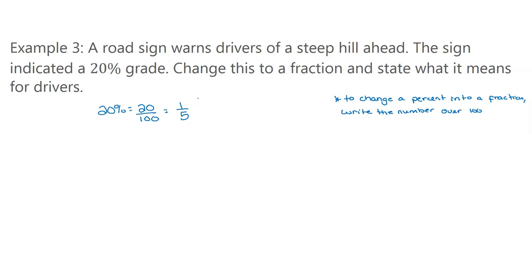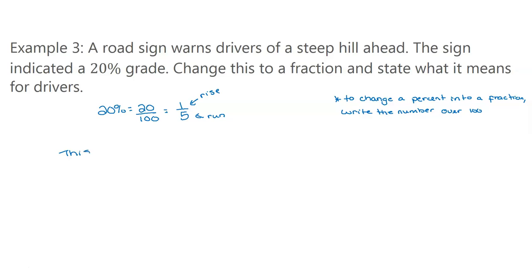So now, since we know that slope is rise over run, we can now state what this means for drivers. This would mean that for every, say, 5 units horizontally, the road drops 1 unit, where the units could be replaced with meters, kilometers, feet, whatever the case.